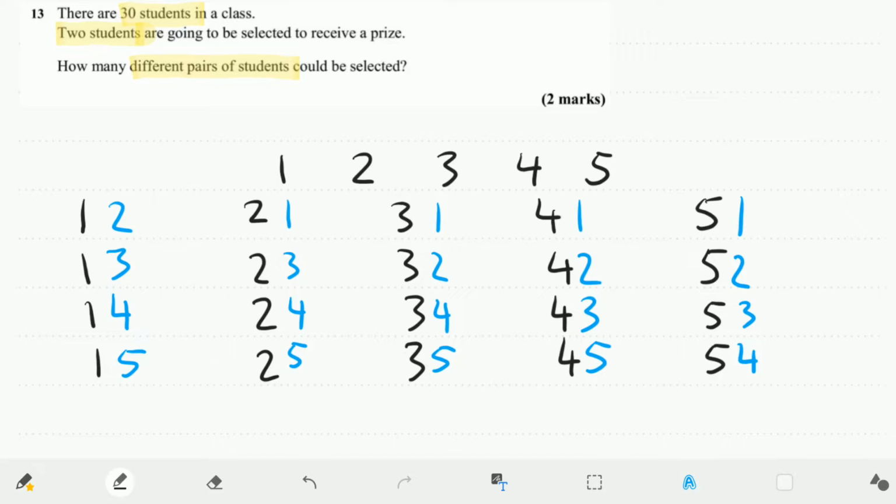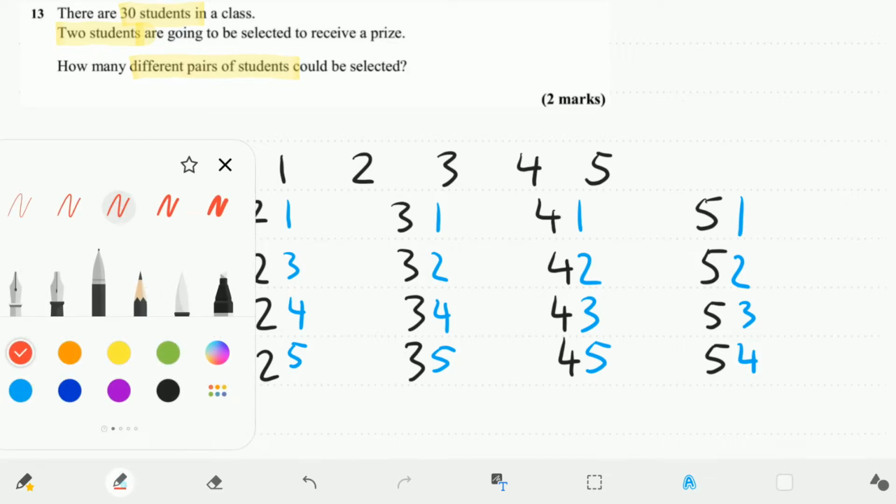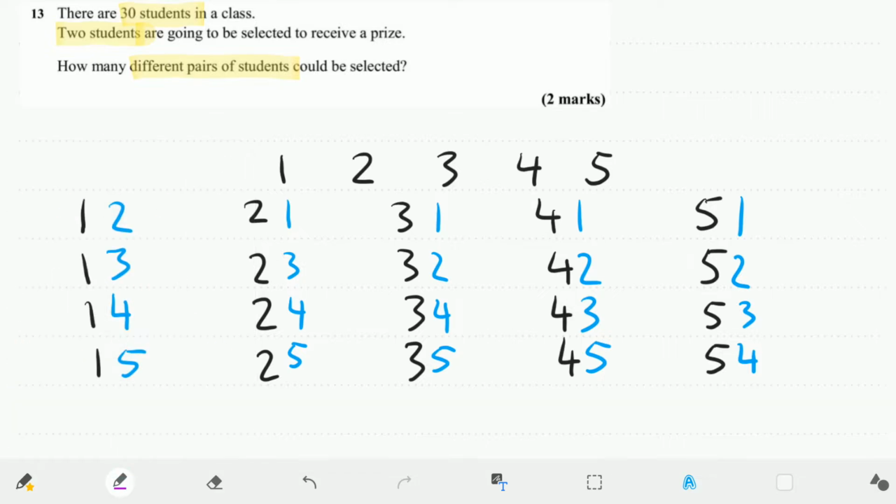And therefore, they're not different pairs of students, so we would have to not double count them. So what we can do is remove all the numbers that appear twice. So we already have 1 and 2 here, so we don't need 2 and 1. 1 and 3 is already here, so we can't have 3 and 1. 1 and 4 is here, so we can't have 4 and 1. 1 and 5 is here, so we can't have 5 and 1.